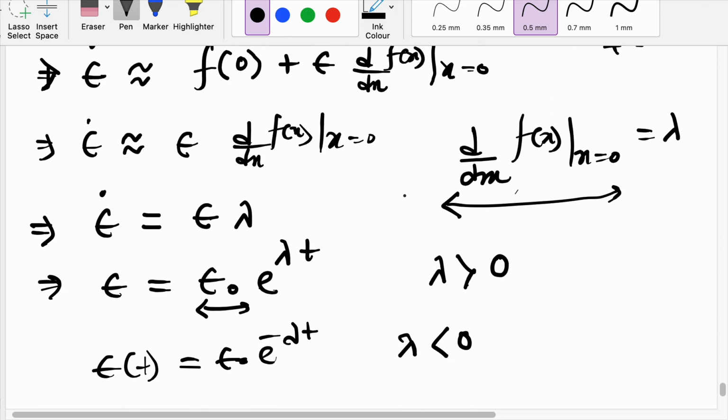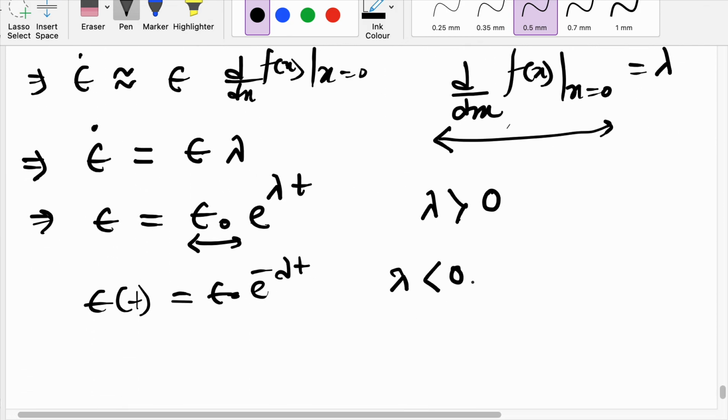So this is the standard result of linear stability analysis: if lambda is greater than 0, then I will say my x equal to 0 fixed point is unstable, because if I start very near, it will go further away.